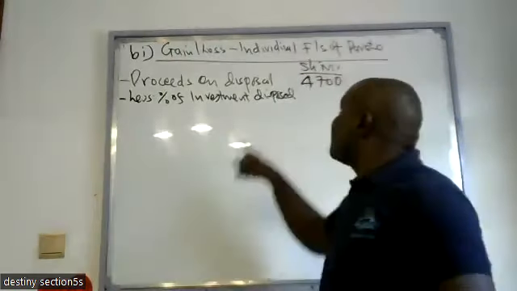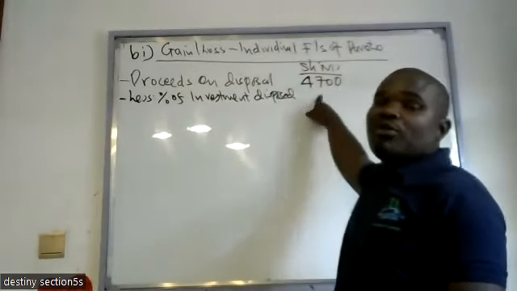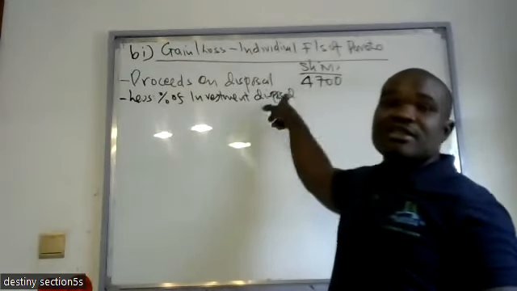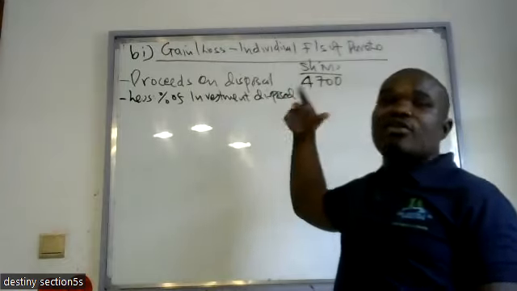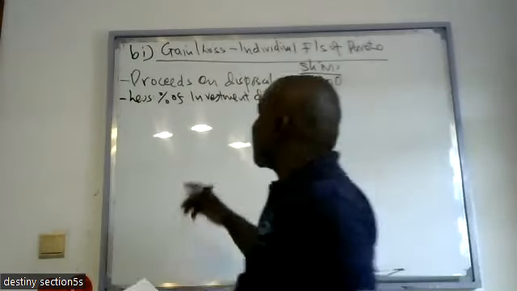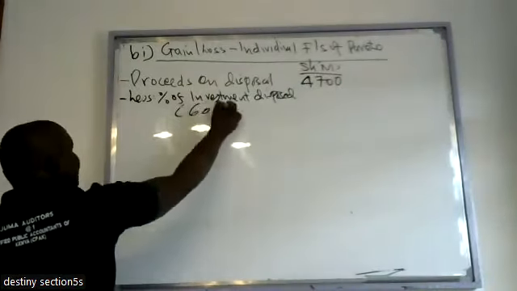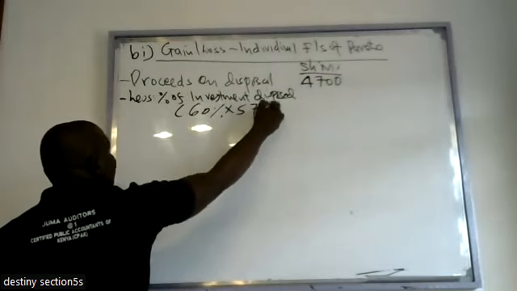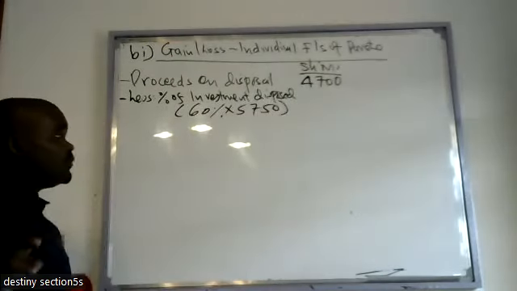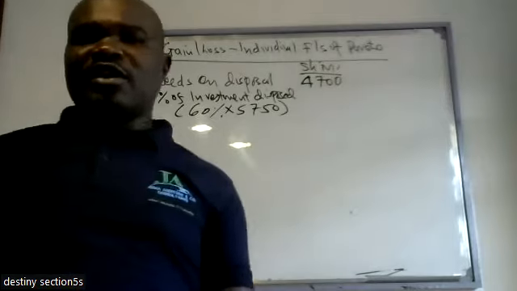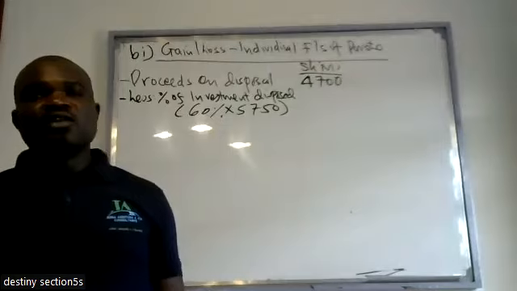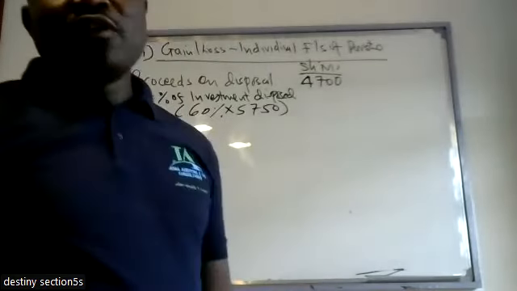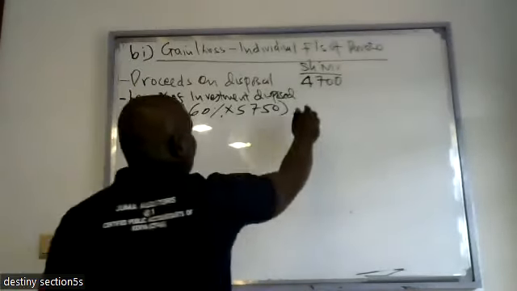When you sell, they get 47. If 47 is more than 60%, then we talk of a gain; if it is less, then vice versa. So they disposed 60% of their investment. What is 60% of 5750? 3450.